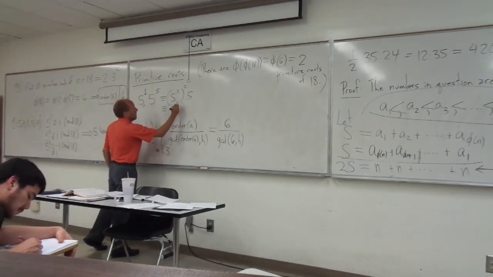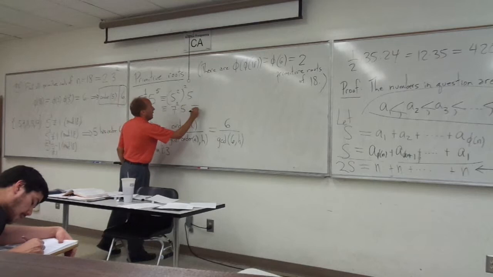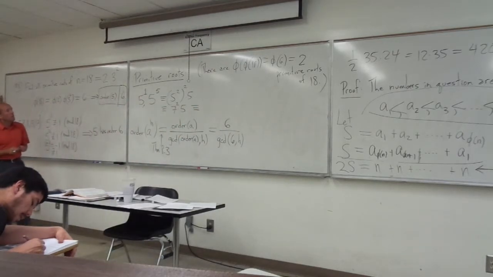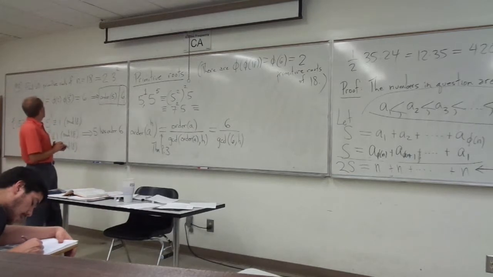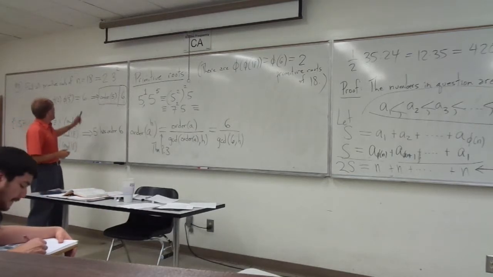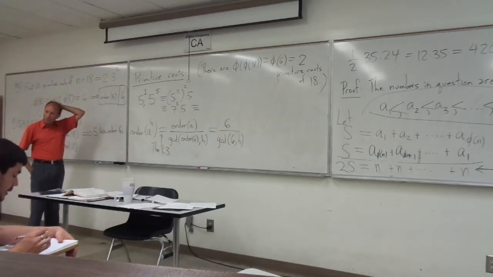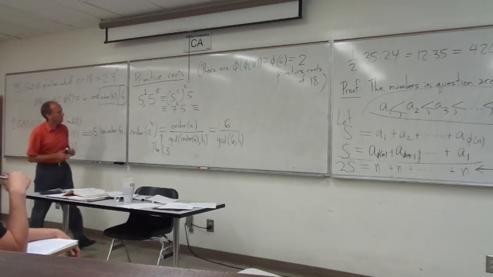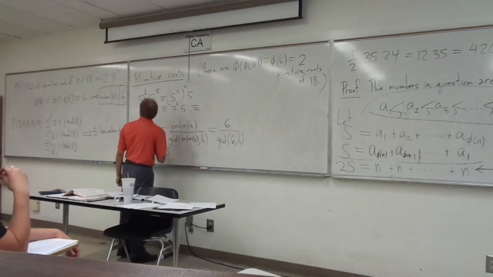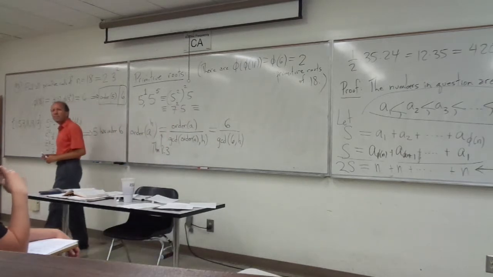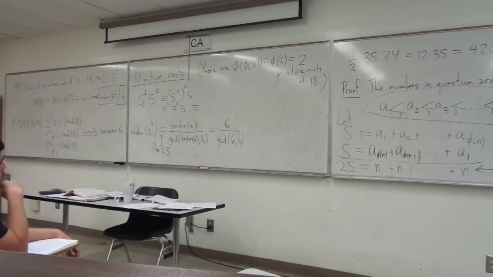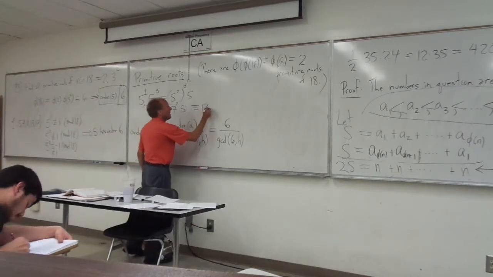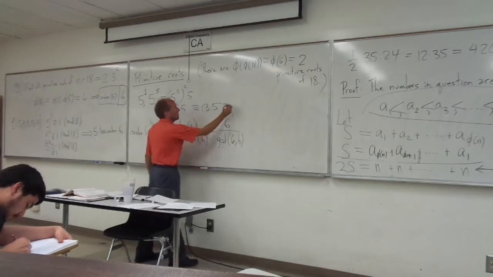So 7 squared times 5, and 7 squared is 49, which in the world of mod 18 is the same as 13. 13 times 5 is 65.